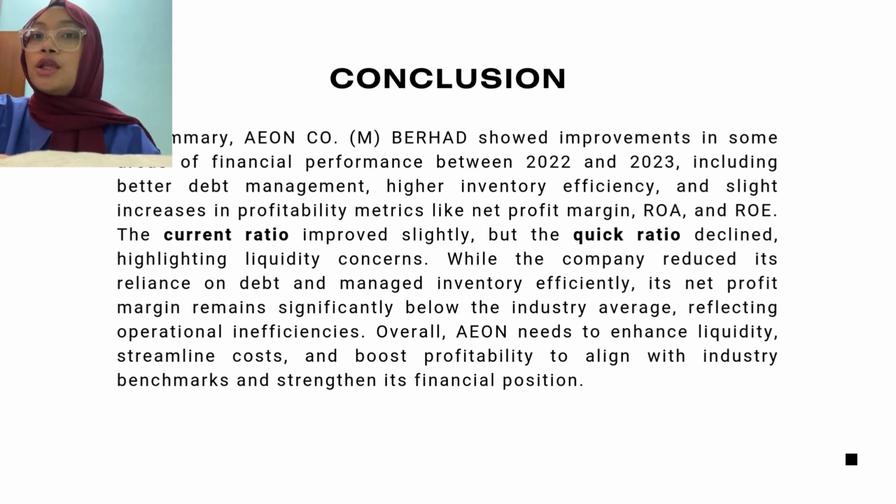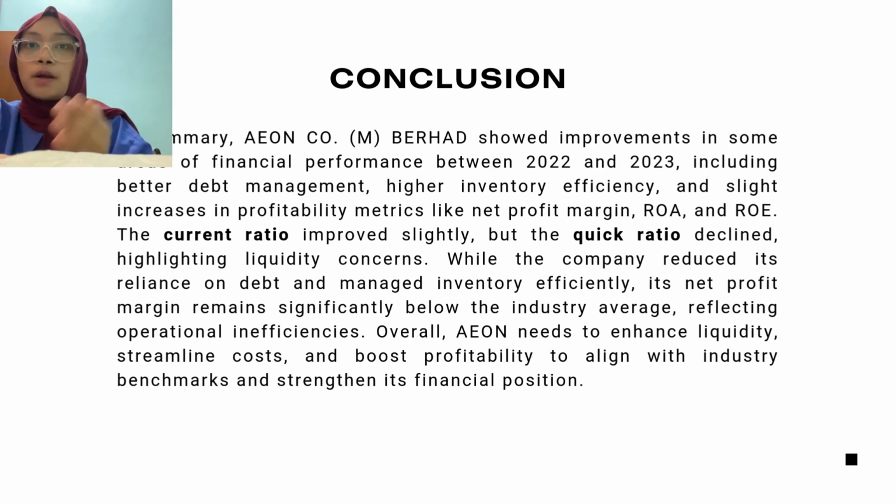The current ratio improved slightly, but the quick ratio declined, highlighting liquidity concerns, while the company reduced its reliance on debt and managed inventory efficiently. Its net profit margins remain significantly below the industry average, reflecting operational inefficiencies. Overall, Aeon needs to enhance liquidity, streamline costs, and boost profitability to align with industry benchmarks and strengthen its financial position.